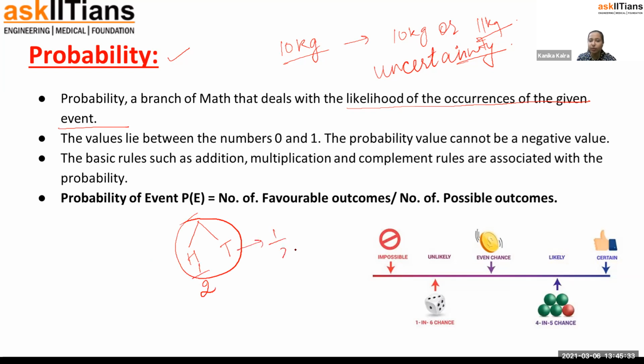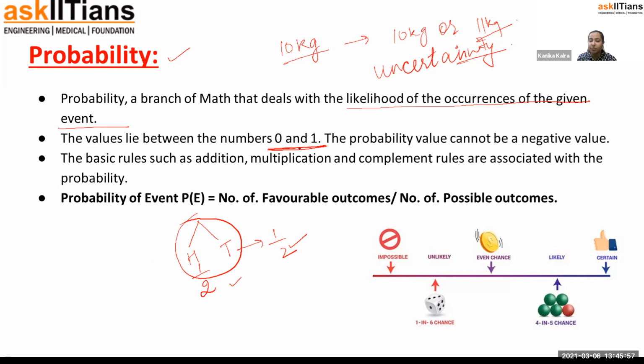Similarly for tail it's 1 over 2, because you get tail only one time out of two chances. So again the situation is uncertain, but we have represented these values with numbers, so this is known as probability. Now probability numbers lie between 0 and 1.